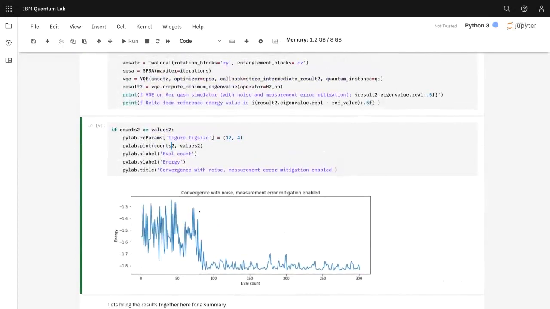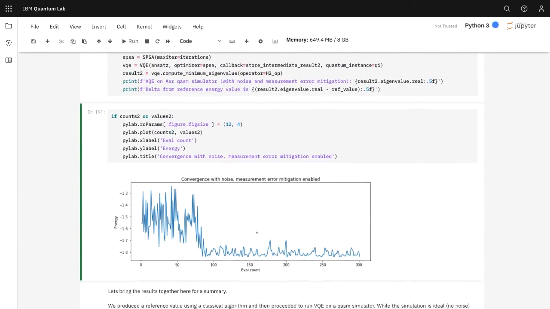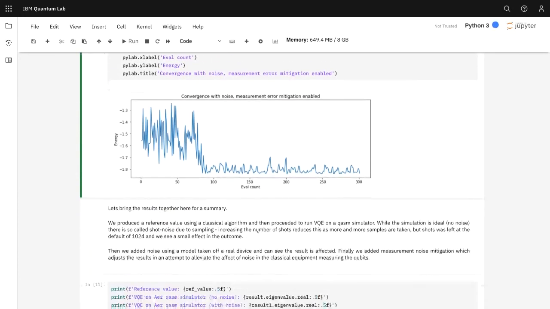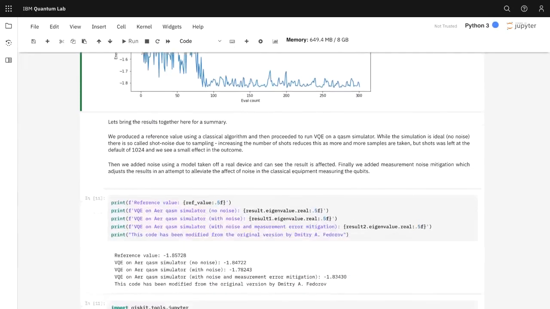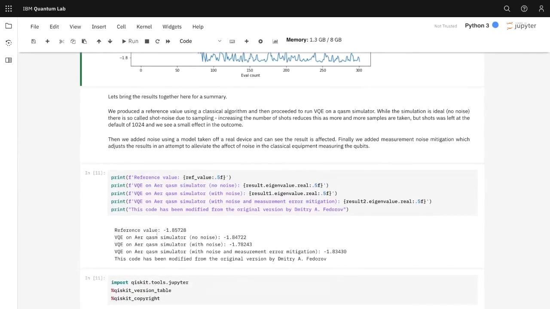So this is the plot for the measurements with the measurement error mitigation, and in the end, let's look at all the results that we got in this notebook. Without noise we get the best result, 0.01 Hartree error from the reference exact value.